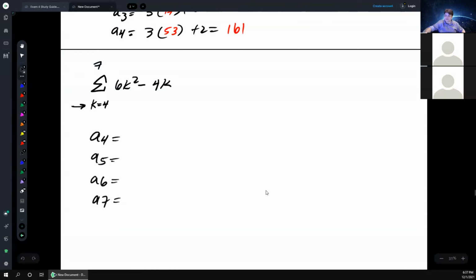So all we're going to do is take these values here, plug them in for k. So that'll be 6 times 4 squared minus 4 times 4. So that's 6 times 16 minus 16 gives you a total of 80.